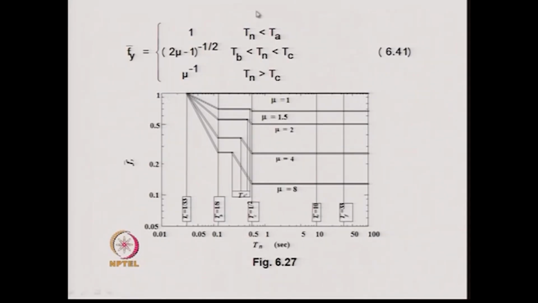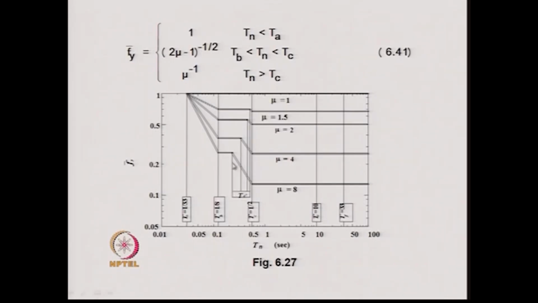That is, T n being less than T A, the values are almost equal to 1, or in other words one can say that the system is behaving like an elastic system. From T B to this will not be T C, this will be T C dashed. The T C dashed is shown over here in this curve.